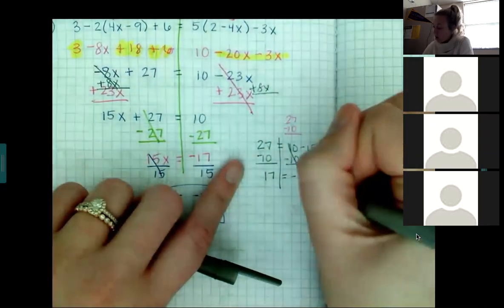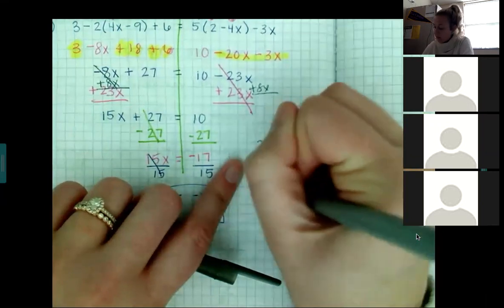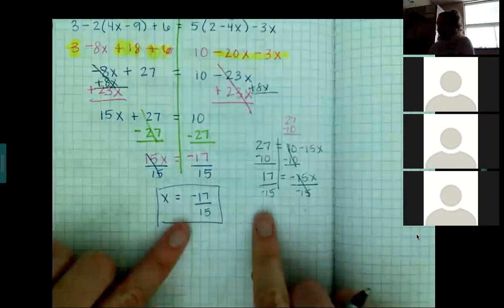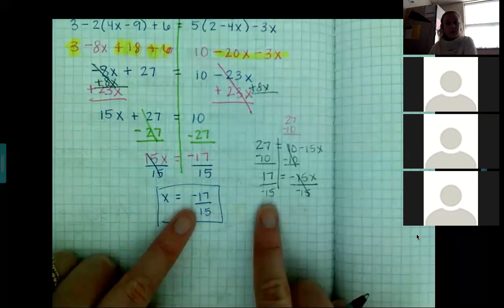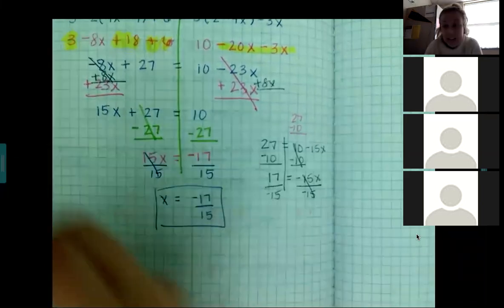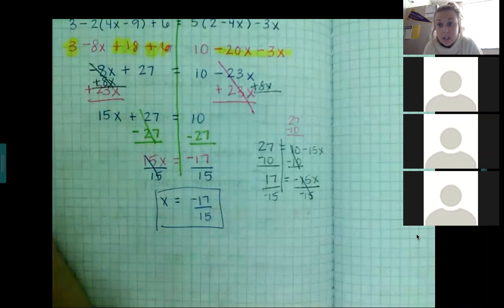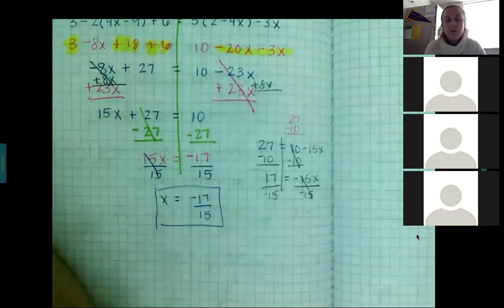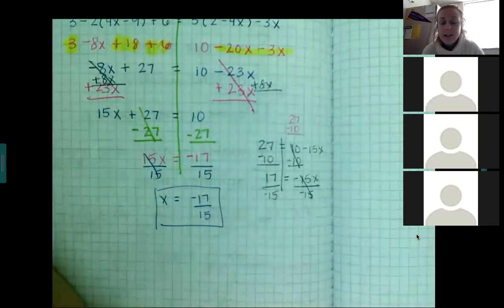And watch, divide by negative 15, divide by negative 15, you get the exact same thing we got. So if it's easier for you to move the smaller digit, go ahead and move it, if that's easier for you math-wise. I just like to slide to the left. But either way, okay?